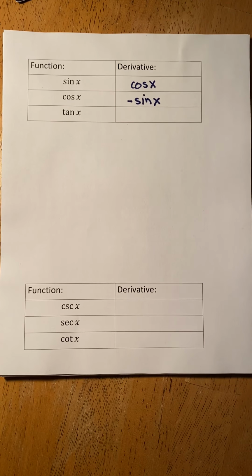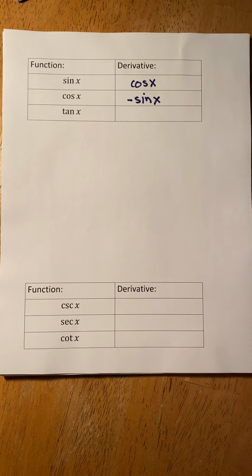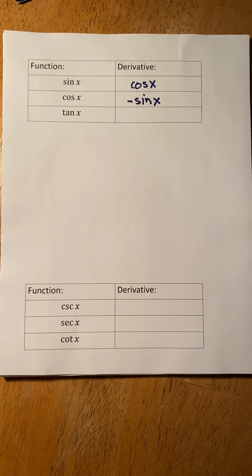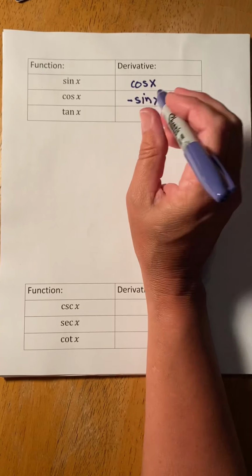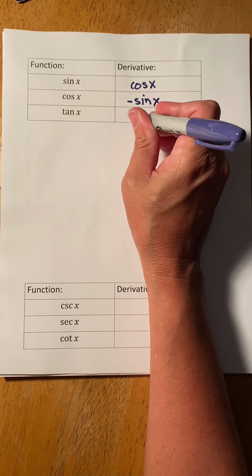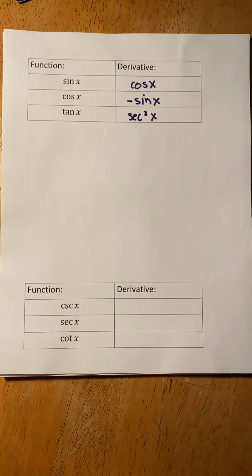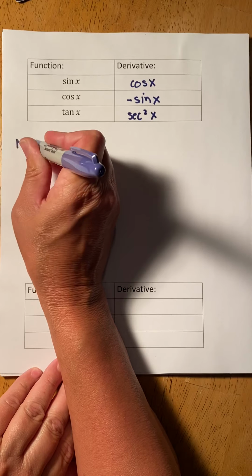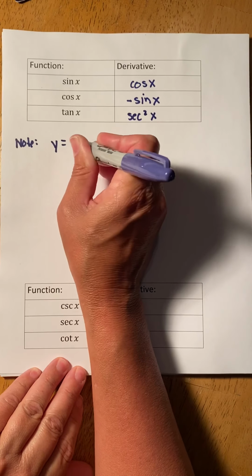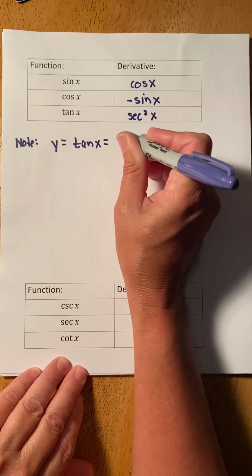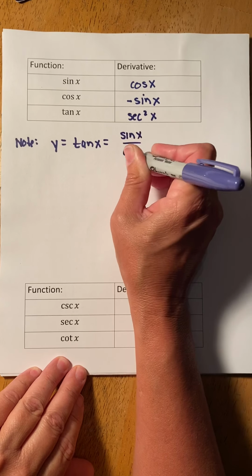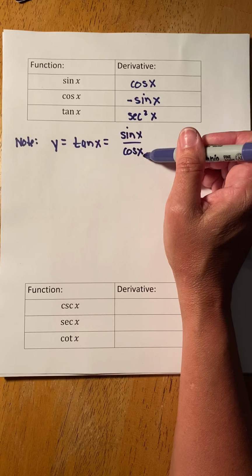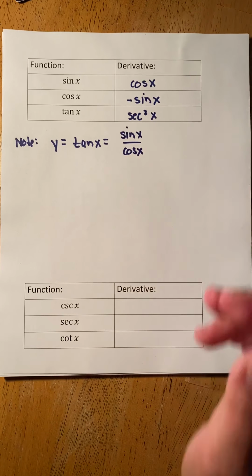Well, what about the tangent, cosecant, secant, and cotangent? Well, once you know these two, the four follow from rules that we've talked about previously. The derivative of the tangent is the secant squared. How and why? Well, notice, y equals the tangent of x is equivalent to saying the sine of x over the cosine of x. Now we know the derivative of the sine, we know the derivative of the cosine, and we know the quotient rule.